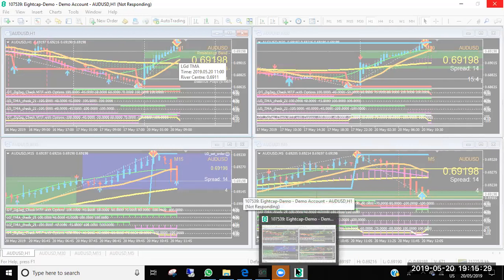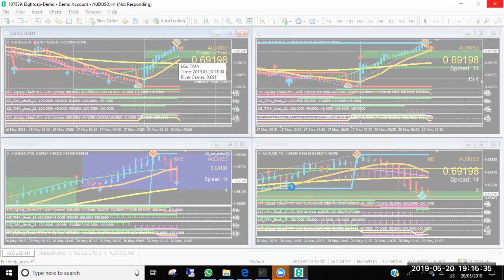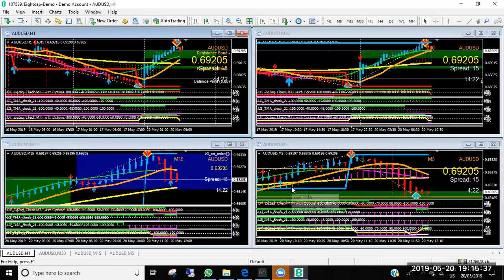Okay, my platform seems to be having a rest, so, okay, 7:15. It's a new candle, and there was a little blue arrow in the 15, so that's an alert.